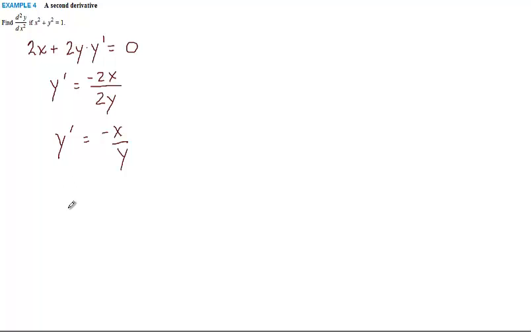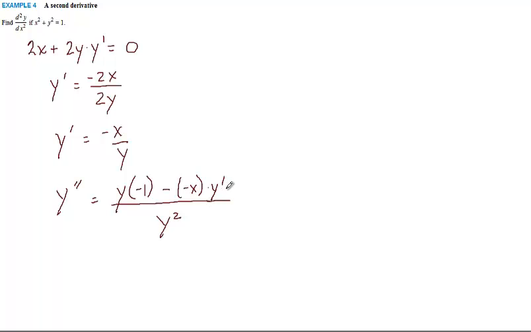Y double prime equals, I need to take the derivative of this, which means I'm going to need to use the quotient rule. The quotient rule says I need to do low times the derivative of the high one, so times -1, minus the high one, that's negative x, times the derivative of the low one, which is 1 times y prime, all over y squared.